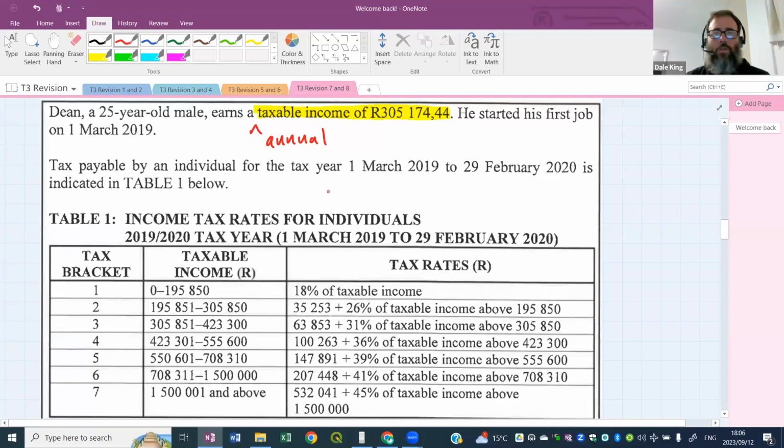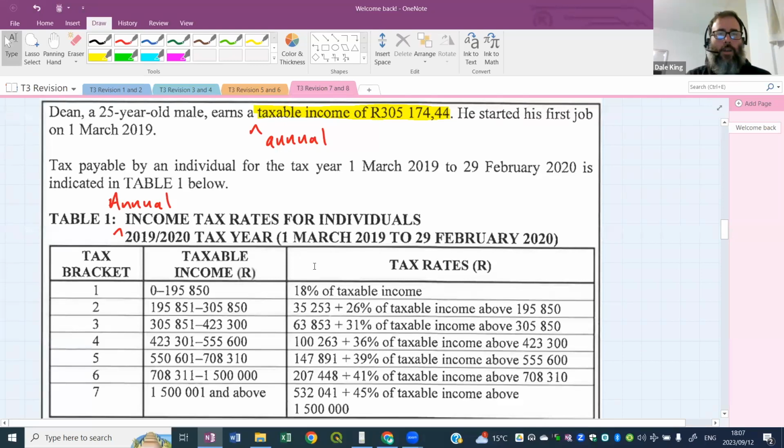Okay, that is also displayed on the SARS website, but it should be displayed somewhere here too. So we know this is an annual income tax table. So when we work with annual figures, we can use this, not monthly figures. We're going to have to change monthly figures if you want to use this tax table. All right, but we got an annual income of 305,000, and this is the table we are using.